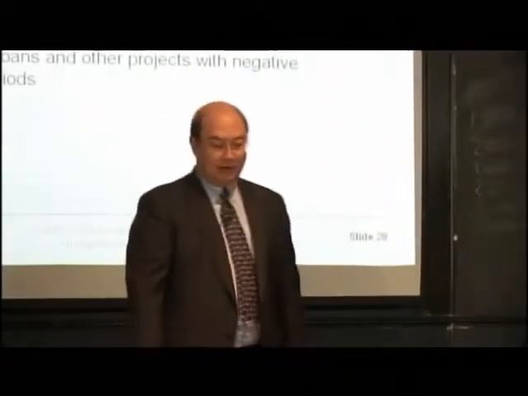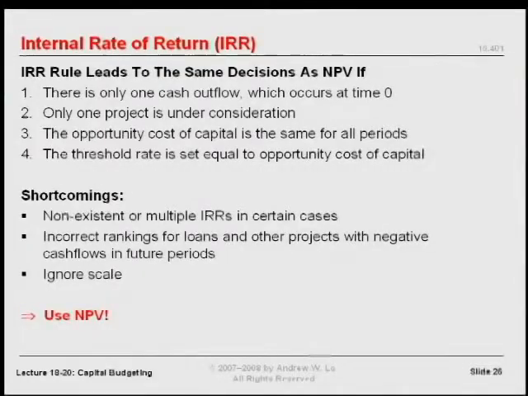There are certain situations where using IRR will lead to the same decisions as NPV. And there they are. First, there's only one cash outflow, which occurs at time zero. Second, there's only one project under consideration, so you don't have multiple projects that you're comparing.